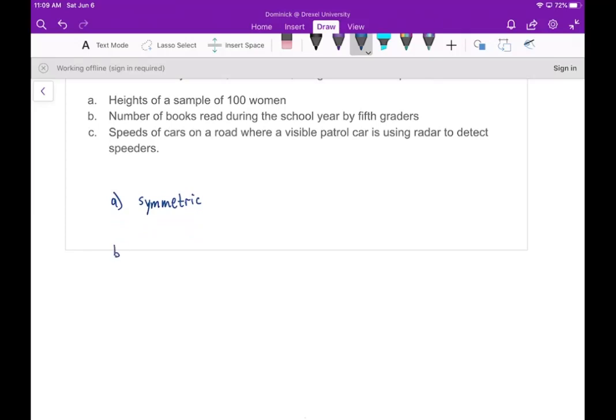Now for part B, the number of books read during the school year by fifth graders. We would probably say is left skewed.